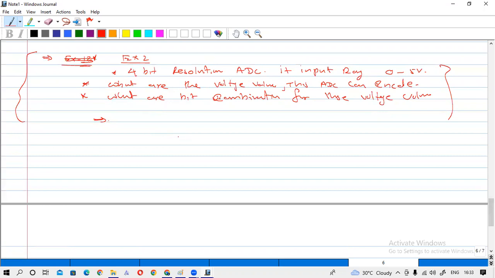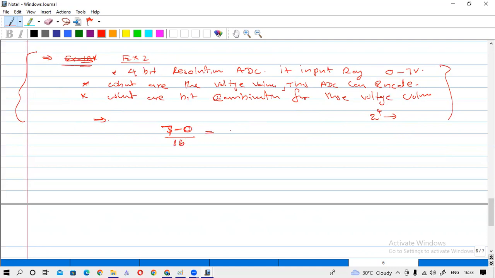The range is 0 to 5. 4 bits means there are 4 bits, so you get 2 to the 4, which is 16 values. Now let me take a 0 to 7 input range as the example. The minimum value is 7 minus 0 divided by 16.